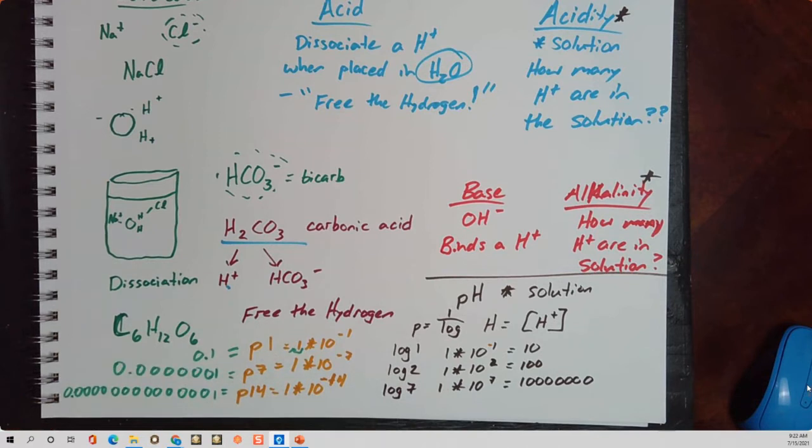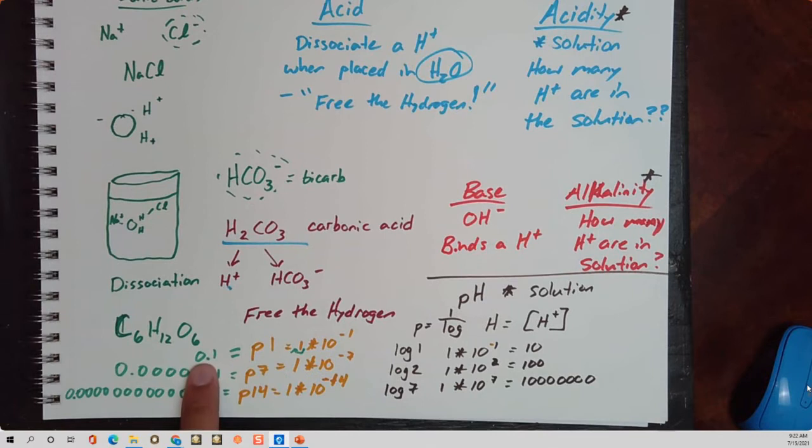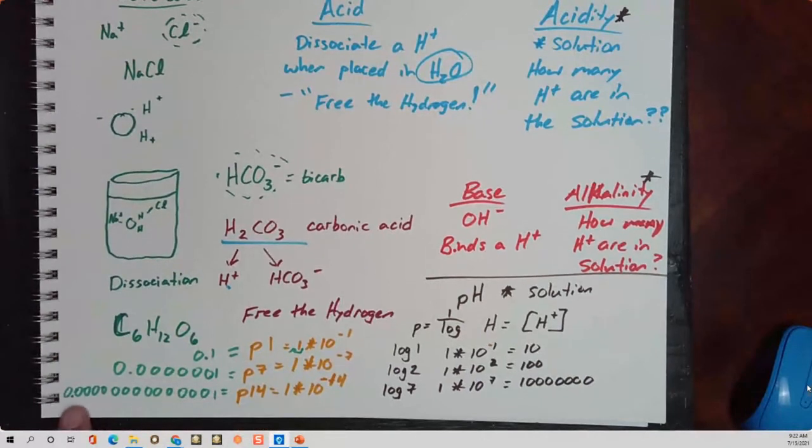Which one of these is the biggest number? A p of 1 or a p of 14? I mean, this should be obvious to you. Now, throw in an H, where the H is the concentration of free hydrogens in solution. So a pH of 1 has a concentration of hydrogens of 0.1, whereas a pH of 14 has a concentration of hydrogens of 0.000000000000001.